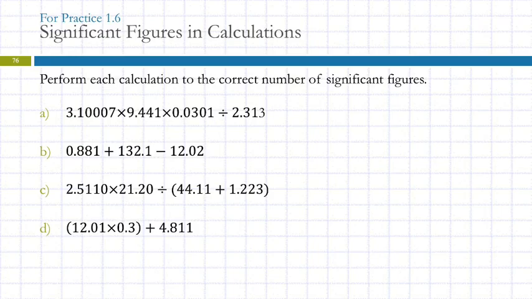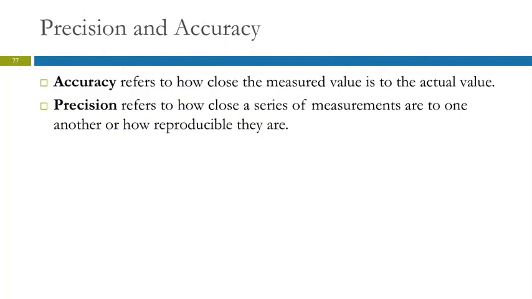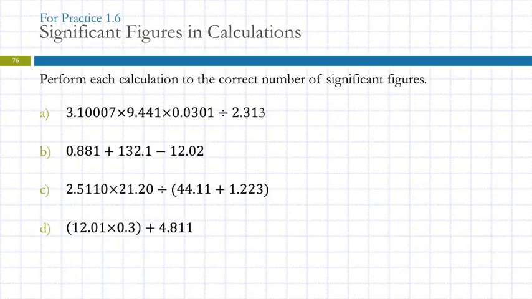So let's do letter C on our calculators. 2.5110 times 21.2 divided by, and you can just use the parentheses, open parentheses, 44.11 plus 1.223, close the parentheses, equals, oops, my calculator is showing me a mess. 1.74174270399. Anybody else get that?